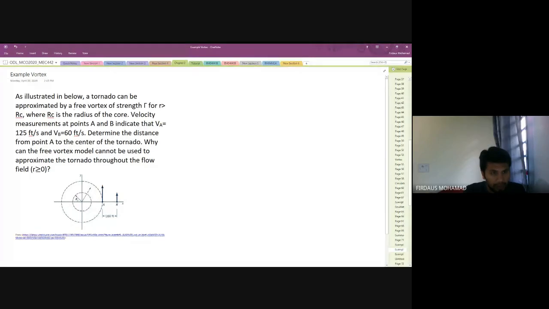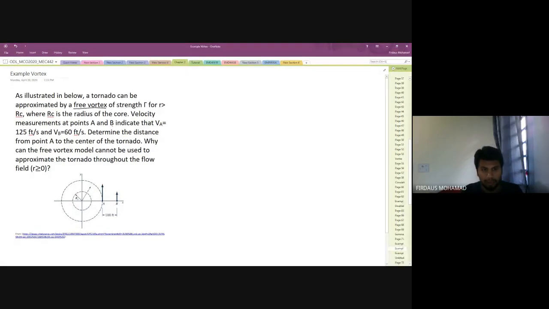Okay, so we can approximate based on a free vortex of strength gamma for r higher than rc. rc is the core of this tornado, where rc is the radius of the core.